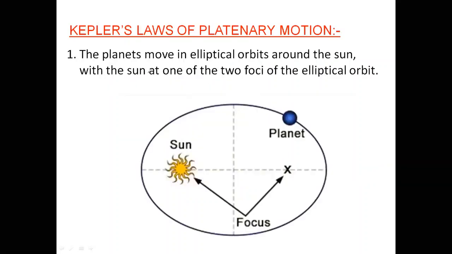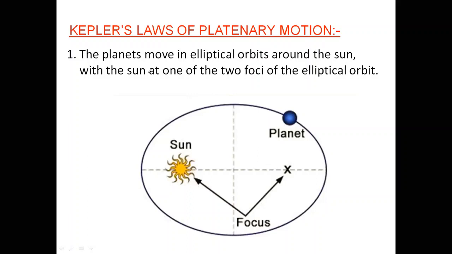Kepler's law of planetary motion. Kepler stated 3 laws using planetary motion. Okay, Kepler gave 3 laws for the motion of planets.